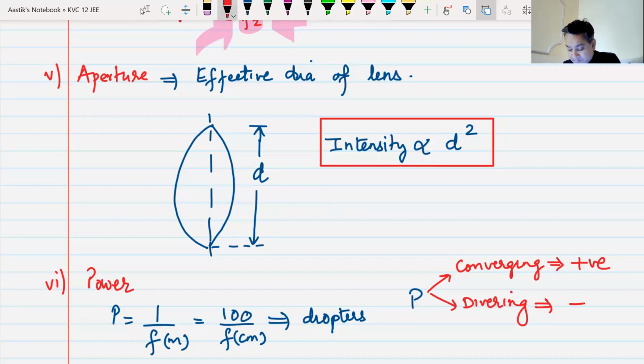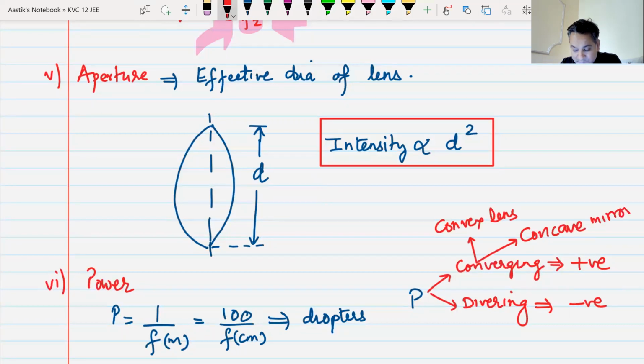For a diverging medium, the power is always negative. That means a converging lens is a convex lens, and for a convex lens, the power is positive. Similarly, for a concave mirror, the power is positive. Do we understand this?